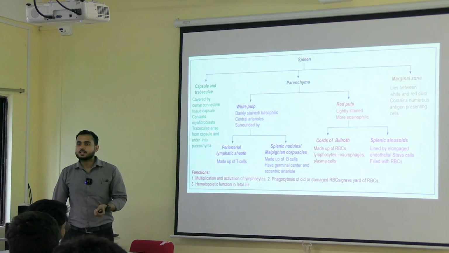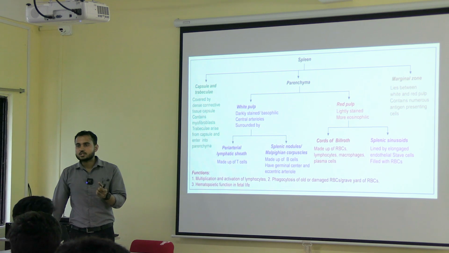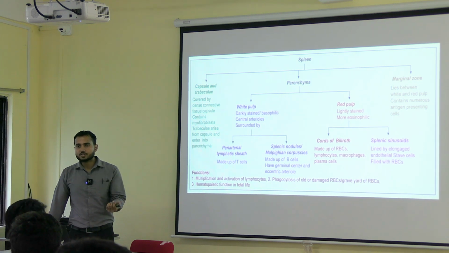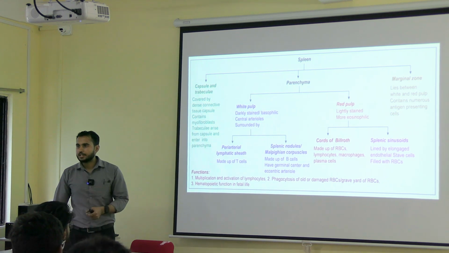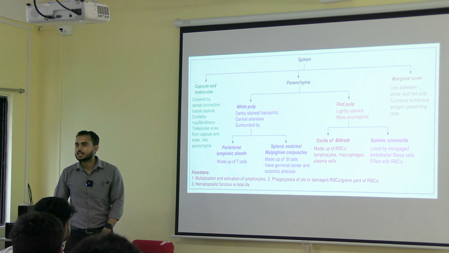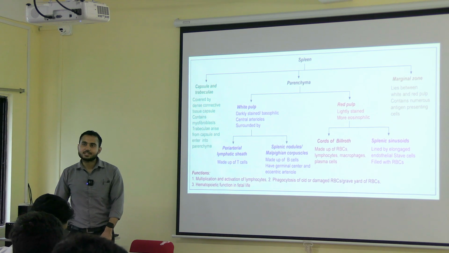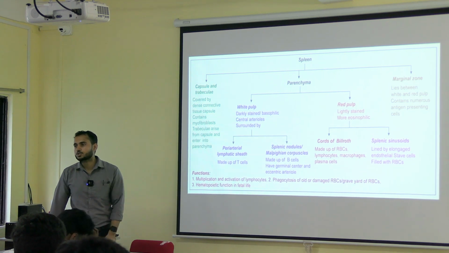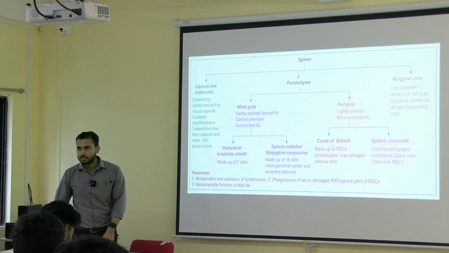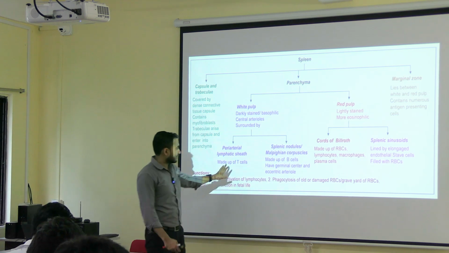See, there are primary lymphatic nodules and secondary lymphatic nodules. Now, in secondary lymphatic nodules, germinal centers are present, only if that particular organ is exposed to any antigen. In general, it will be T lymphocytes.